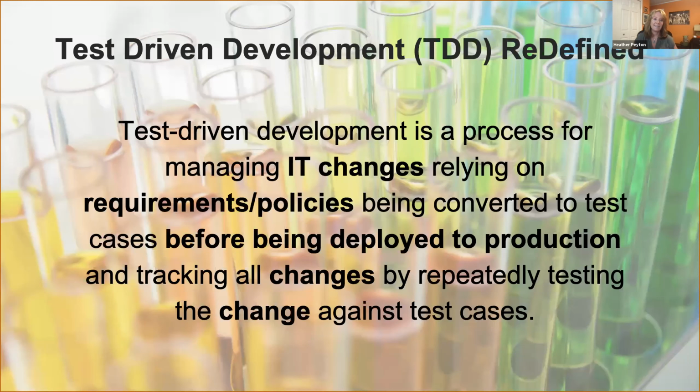So let's redefine test-driven development as a process for managing IT changes that rely on requirements and policies. It becomes directly applicable to IT operators, infrastructure managers, and everybody implementing any type of change that's going to touch a production system.